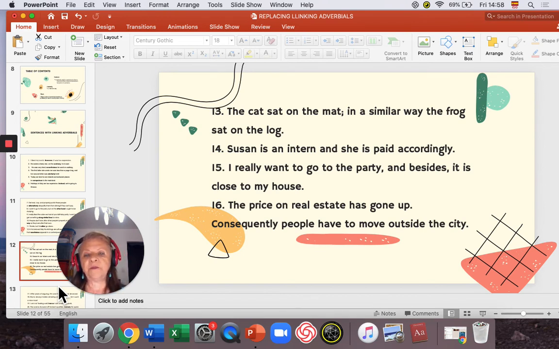Next one. Susan is an intern and she is paid accordingly. So it means that the same, remember we are comparing, she is here and she receives this. Okay? Next one. I really want to go to the party. And besides, it is close to my house. Like saying this besides is like an extra advantage.